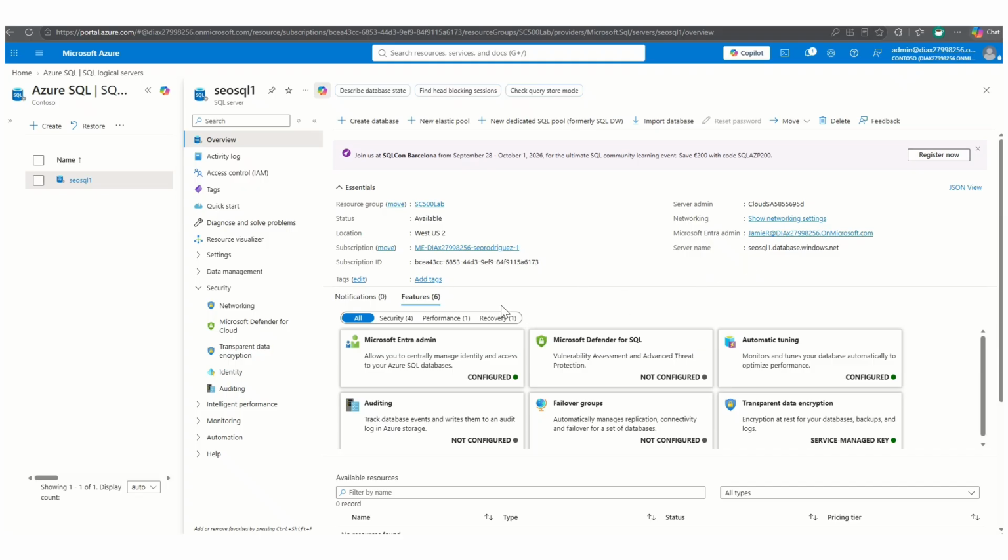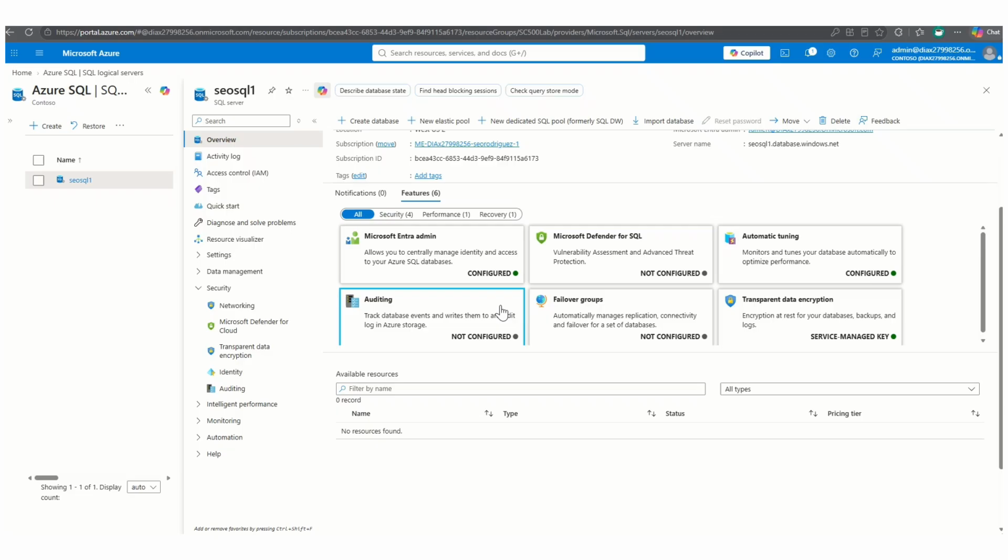Some networking components, and you can see at a glance some of the most important security stuff, whether the Microsoft Entra admin was configured or not. And so this allows you to centrally manage identity and access to your Azure SQL databases.